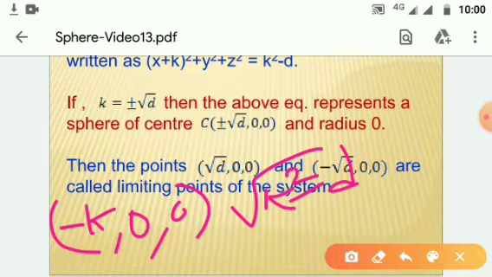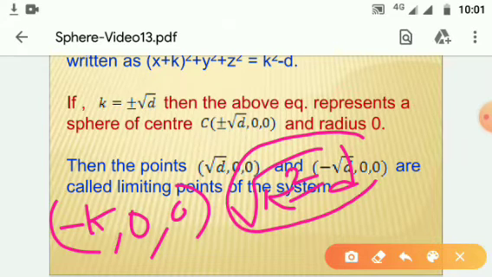So you can see that limiting points are the point circles of the coaxial system. So to find limiting points, what you have to take? You must take that the radius of the member of the coaxial system will be 0.